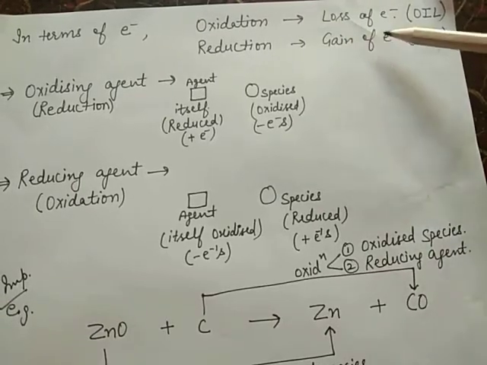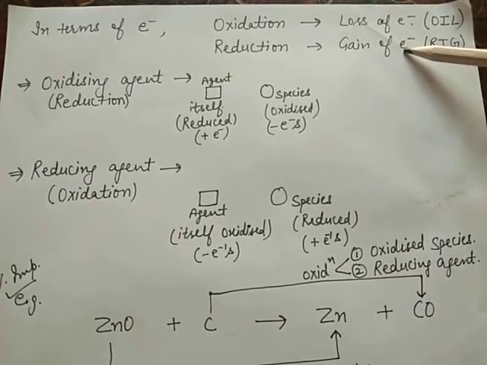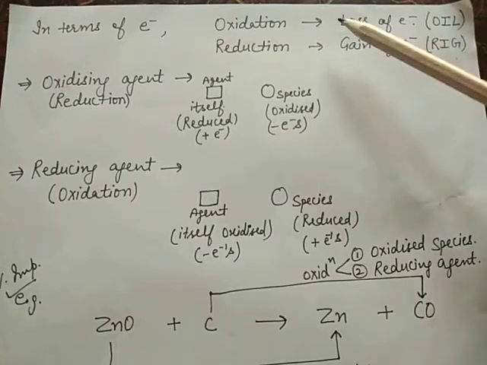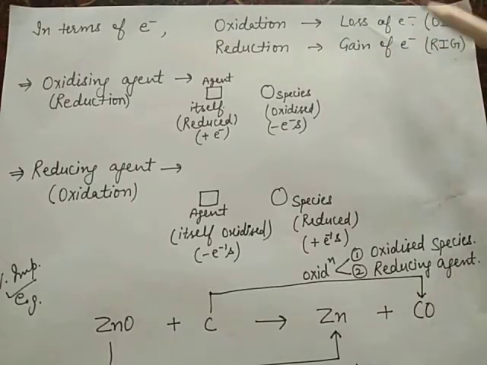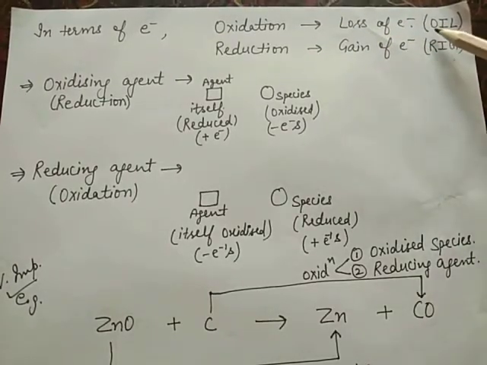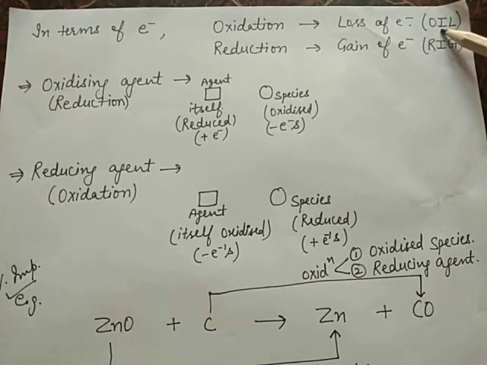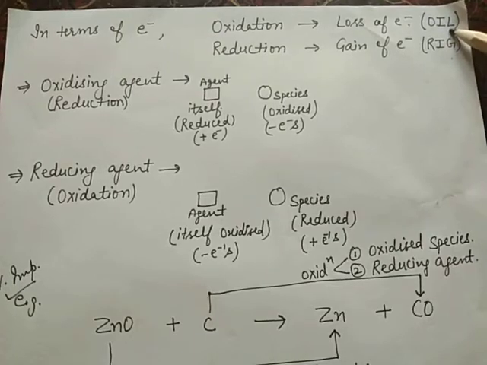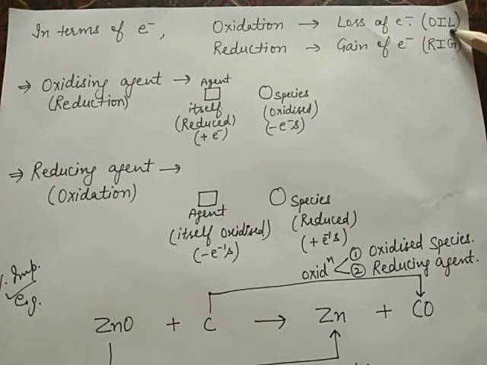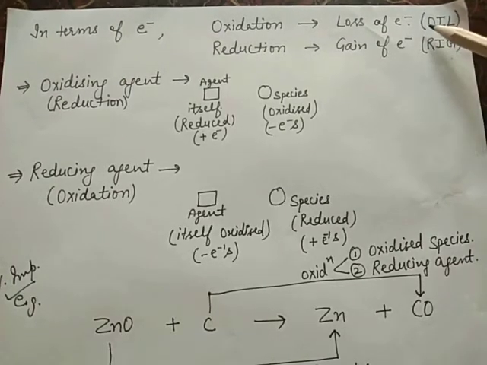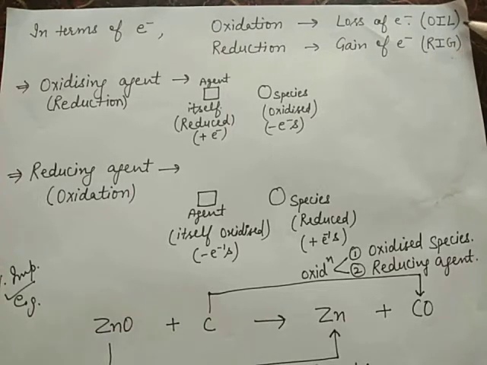Reduction means gain of electrons. It can easily be learned in the form of OIL. O means oxidation, I means is, L means loss of electrons. Oxidation is loss of electrons.